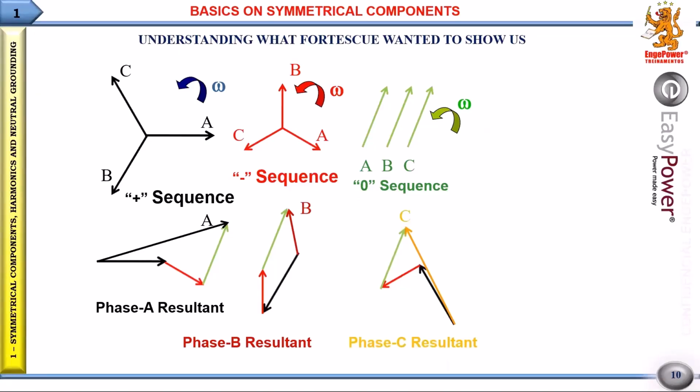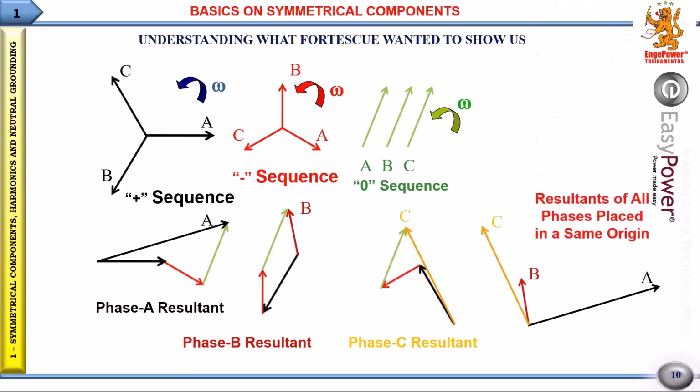If we put all three resultant phasors in the same origin, we are going to have this. As we can see here, we don't have a balanced system. Why not?